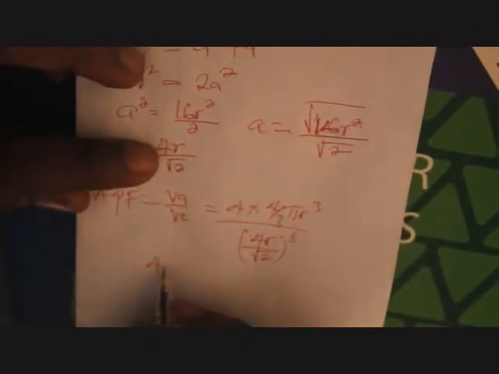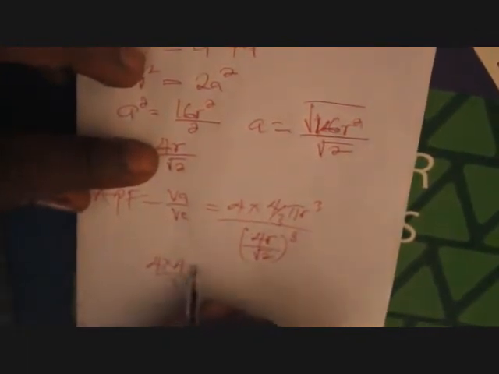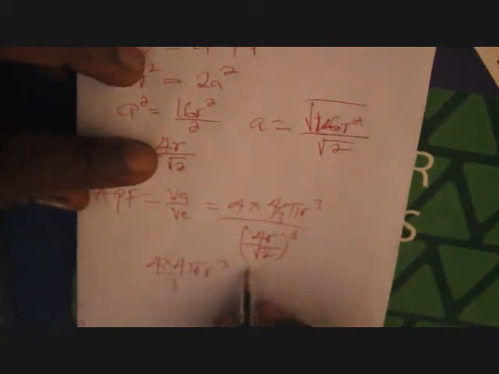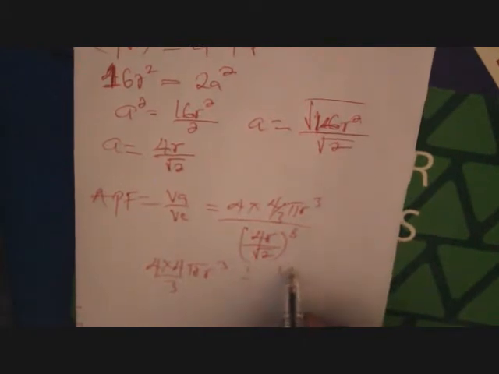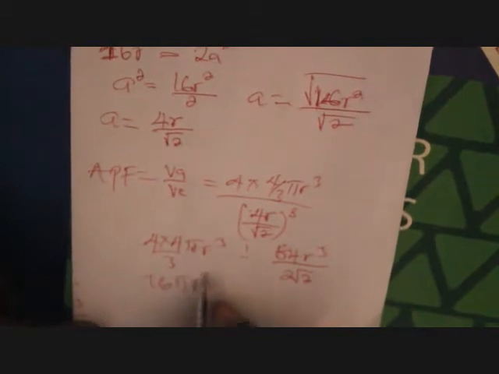Okay, let's simplify. So we can just say 4 times 4 over 3 pi R cube divided by 64R cube all over 2 root 2. So 16 pi R cube over 3 times 2 root 2 all over 64R cube.